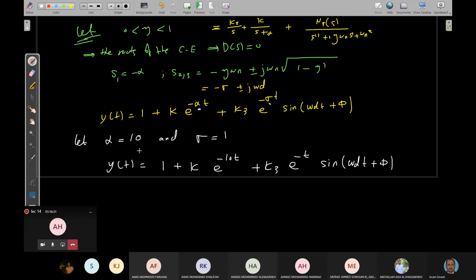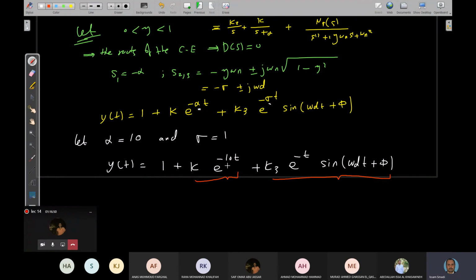Now, which one decays faster? This one or this one? الأولى.